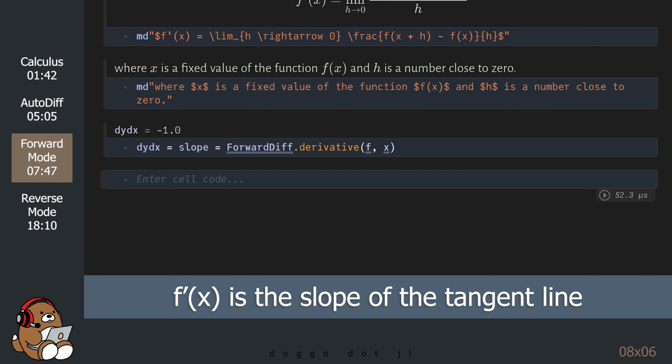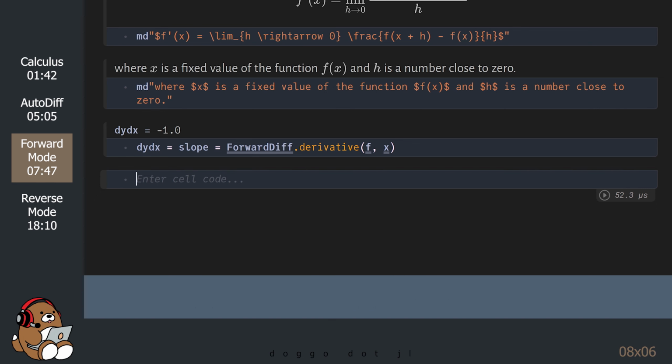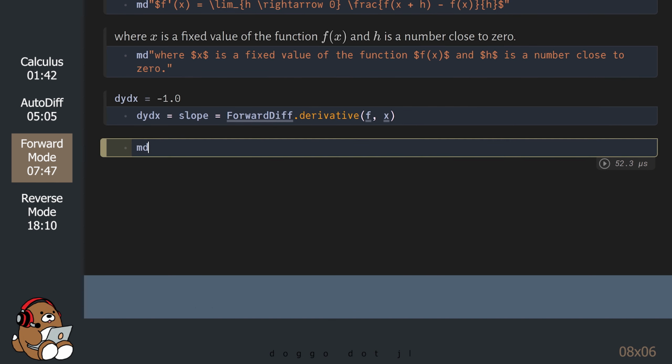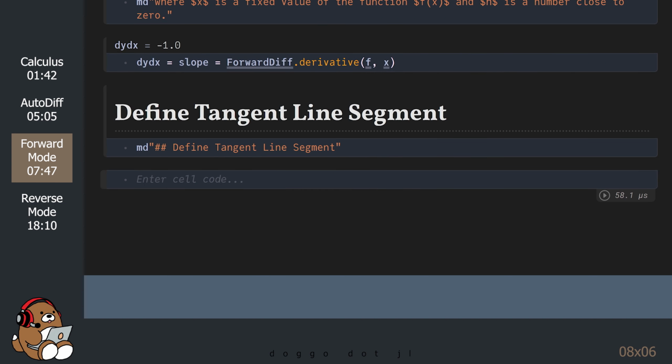For this tutorial, I'm going to give an example of the slope concept. What we're going to do is generate a plot that shows the relationship between x, f of x, and f prime of x. To do that, we need to define a line segment for the line that is tangent to f of x for any value of x.